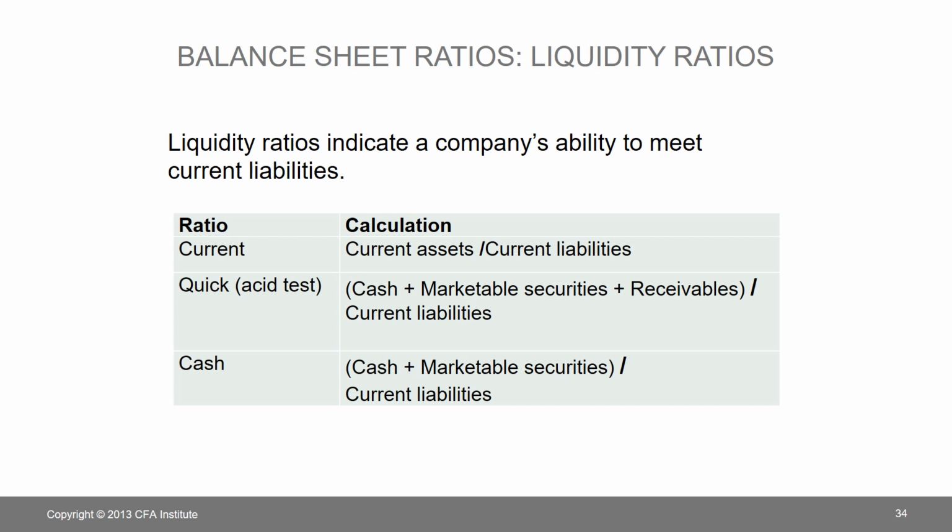Also, please remember that being more liquid or more solvent does not necessarily translate into better. At the extreme, as we mentioned earlier, the most liquid and most solvent company would hold only cash as an asset and be financed only by equity. Okay? So they will be debt free.